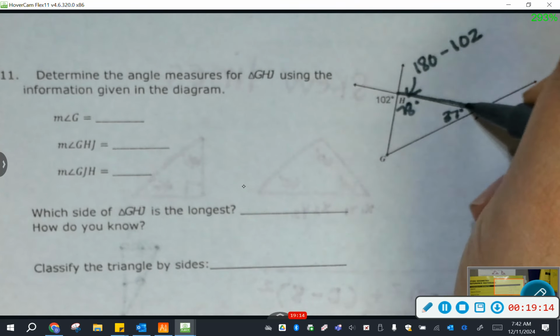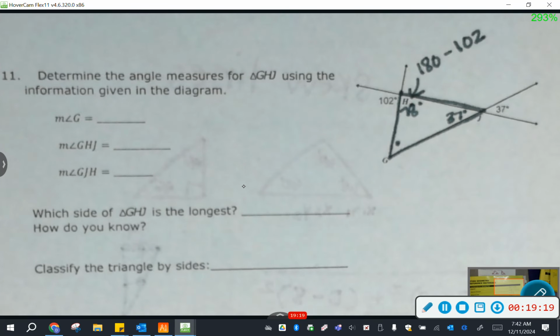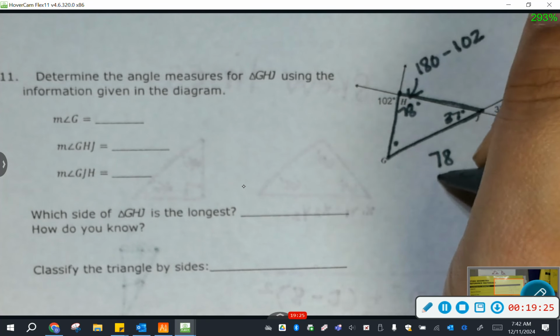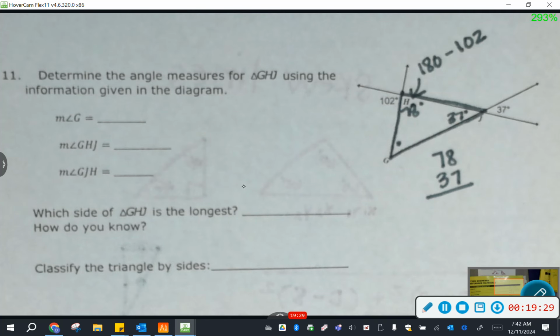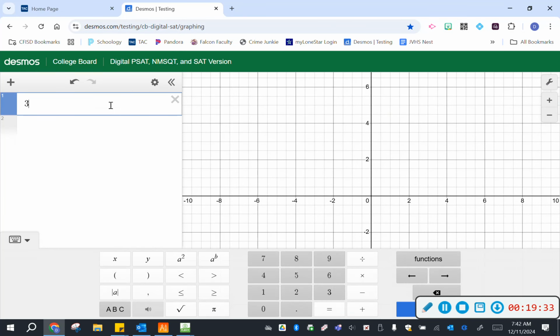Now I have two angles. How do I find the third angle right there? Add those two together. 78 plus 37, we're in Desmos, so we make sure we get it right. 78 plus 37 is 115.